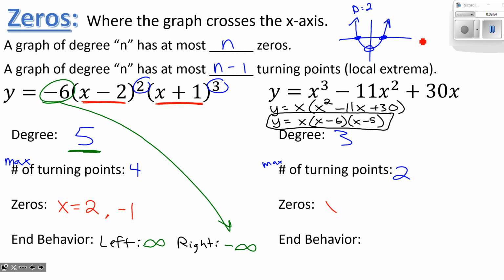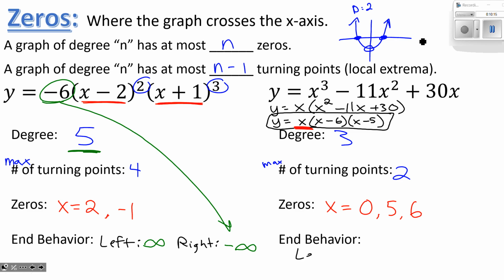And now I got my zeros. Be careful. A lot of people miss one of the zeros here. The first zero that a lot of people miss is 0, because that x in front gives you a 0 at 0. And then 5 and 6. You could have said 6 and 5. That's fine.